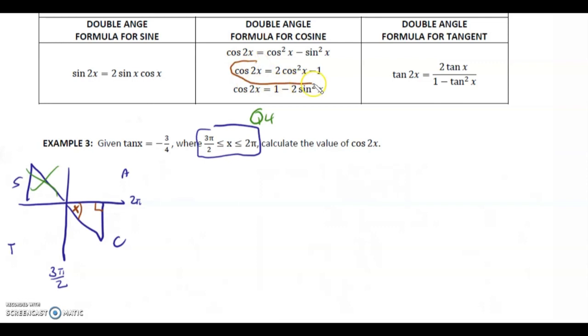So when I think of cos 2x, the easiest one is to do this one here, where cos 2x equals 2 cos squared x minus 1. And the reason why I say this is because we only have to solve for one ratio.